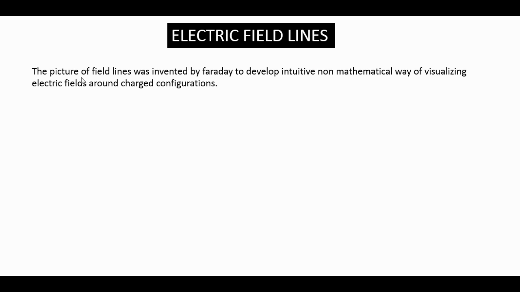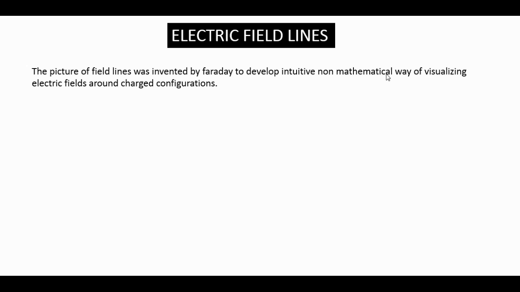Now electric field lines. What are electric field lines? The picture of field lines was invented by Faraday to develop an intuitive, non-mathematical way of visualizing electric fields around a charge configuration.